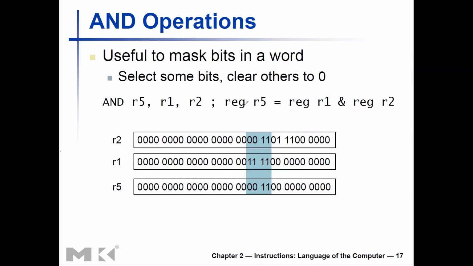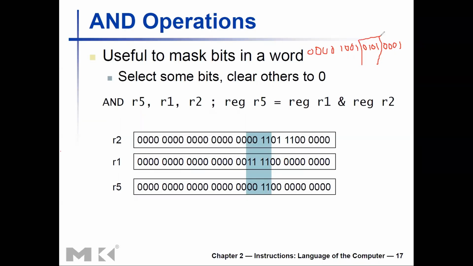So this R2, we have a certain bit string, something like 0, 0, 0, 1, 0, 1, 0, 0, 1, 0, 1. Maybe I'm taking a small example: 1, 0, 1, 0, 0, 1, 0, 1. This is all zeros and ones. Now we need to mask these 4 bits.